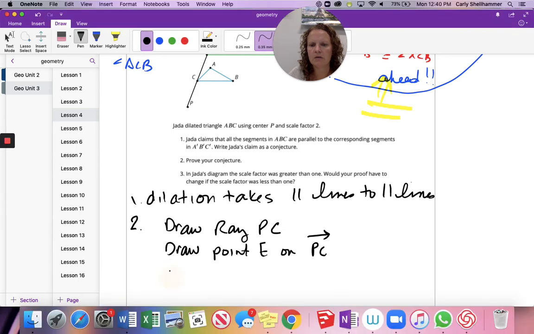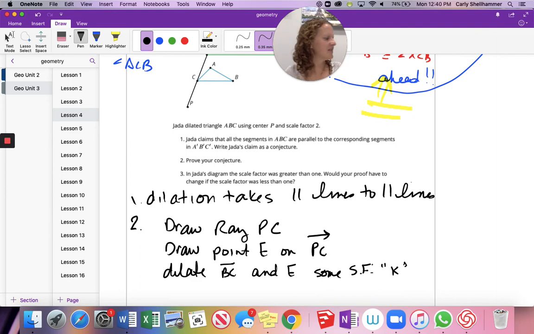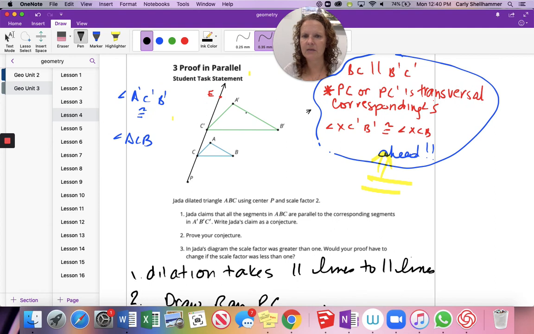Next, we are going to dilate segment BC and E by a scale factor, some scale factor, say it's K. It doesn't matter what it is. So if we did that, we would get C prime, B prime. I need E to be a little bit closer because I don't have enough space to draw. So we'll just make E right here.